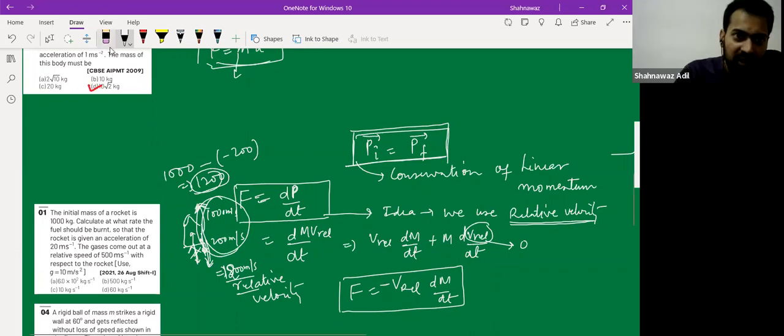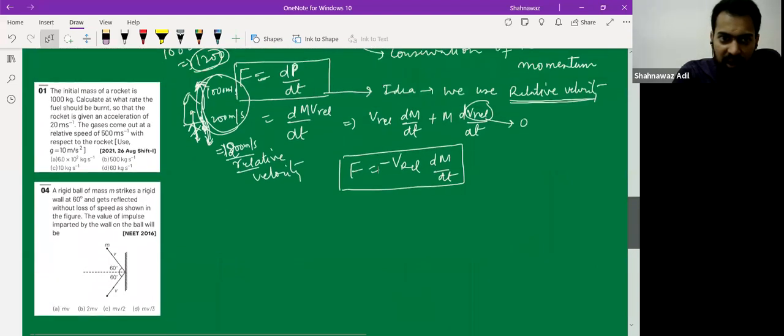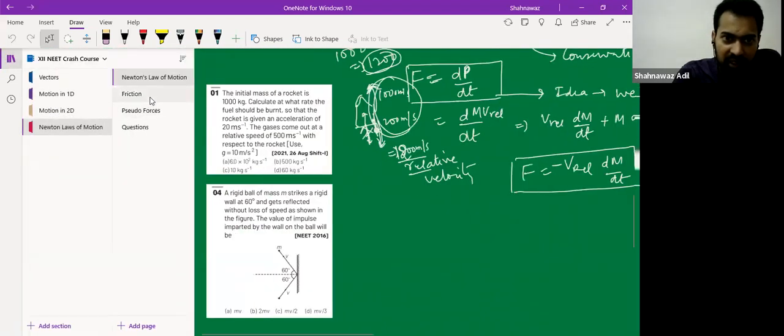So now we will use this idea, and the other idea is that I wanted to teach you the free body diagram earlier, but I will do that in the friction part.